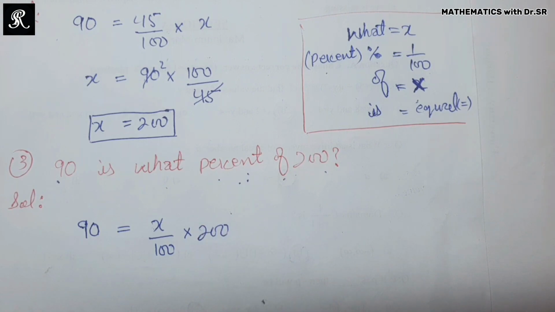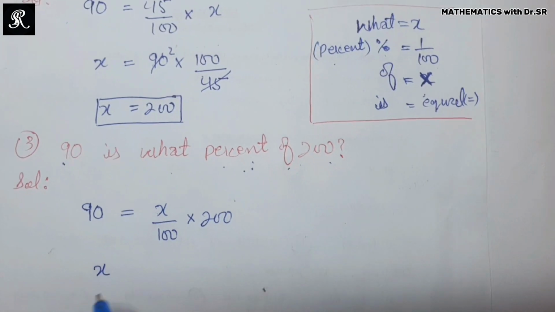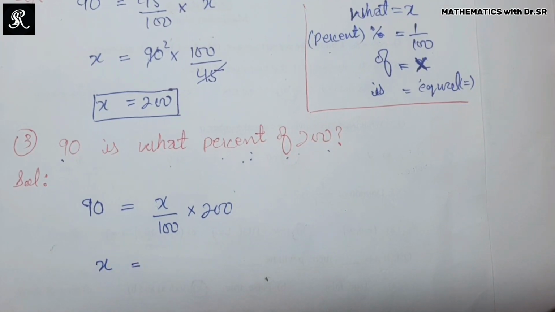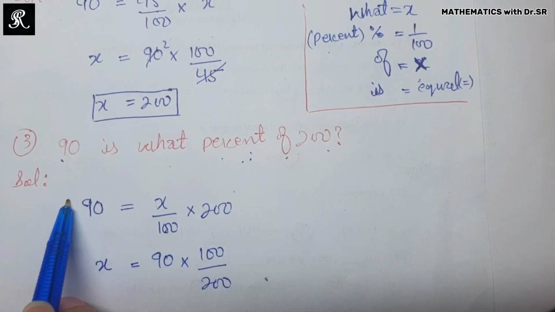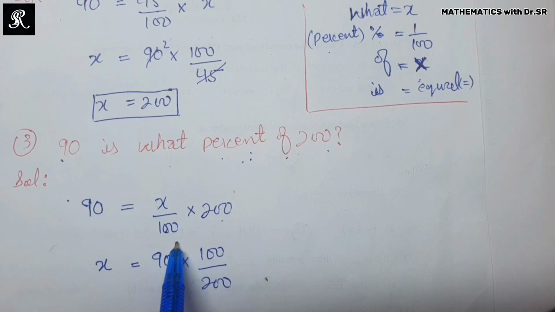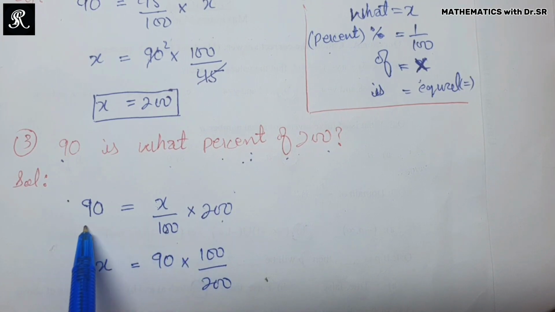Now again we need to simplify it, and in order to do that we will do a bit of manipulation. We will shift the terms, and this reciprocal will be 100 upon 200, as we shift this 200 upon 100 to the other side.